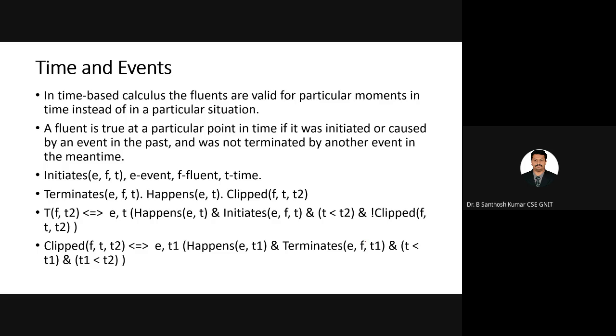So here initiates of E, F, T, where E is an event, F is a fluent and T is a time. Then the operations are terminates of E, F, T, or happens of E, T, or clipped of F, T2. Like that we are writing the relations.